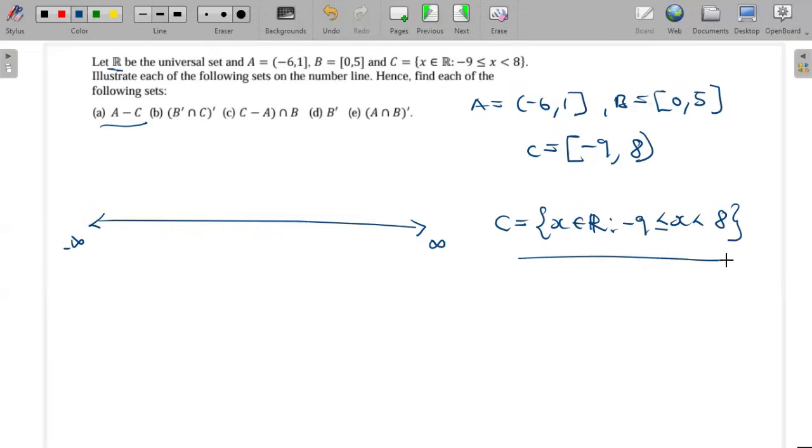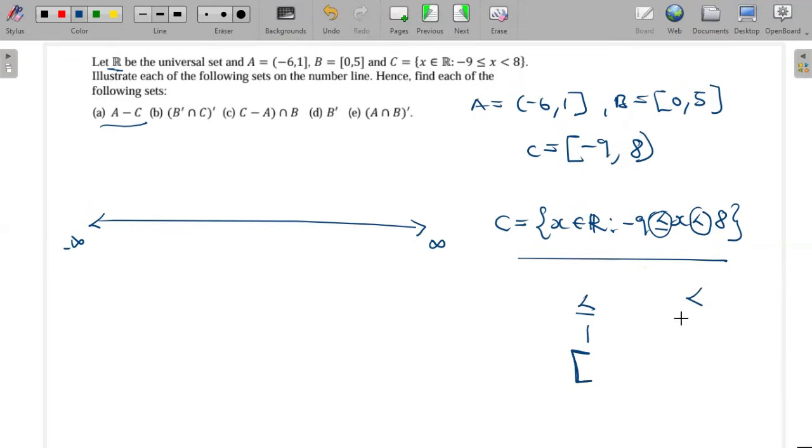So what we said is that this here is set-builder notation, but we want to write it in what? Interval notation. This symbol here is less than or equal to, which is equivalent to the square bracket, meaning that end number, -9, is part of the set C. The other side is just less than.